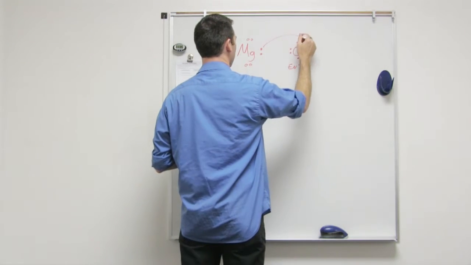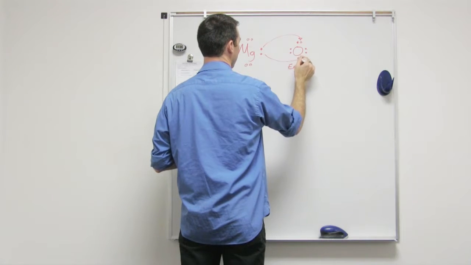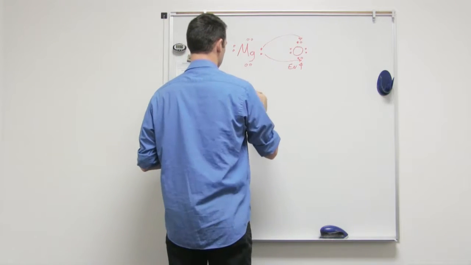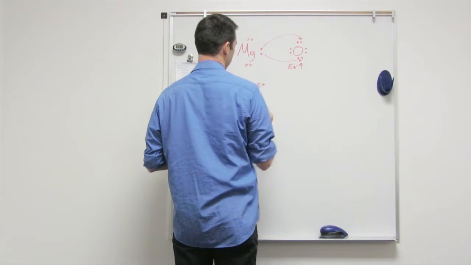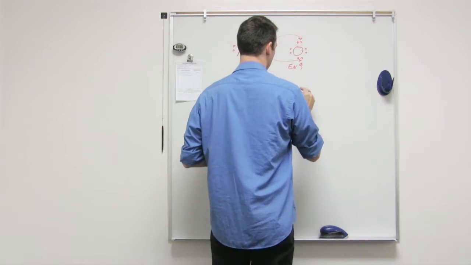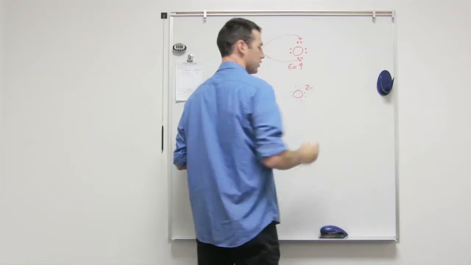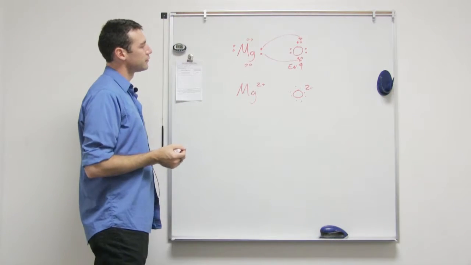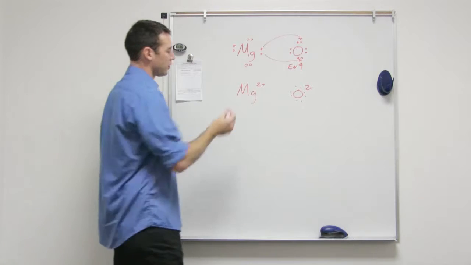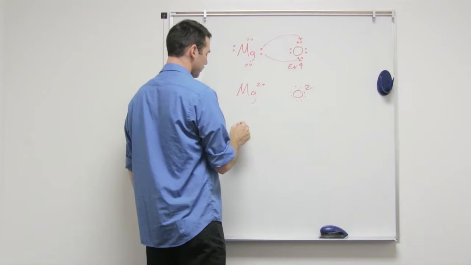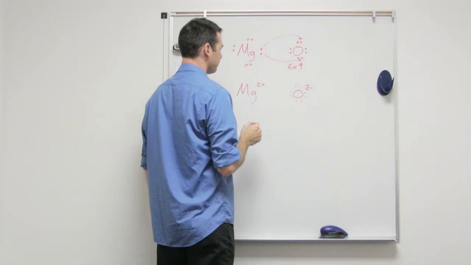This one's going to go there, and this one's going to go there, leaving this one with a charge of 2+, and this one with a charge of 2-. And so now we have the supercharged atom.